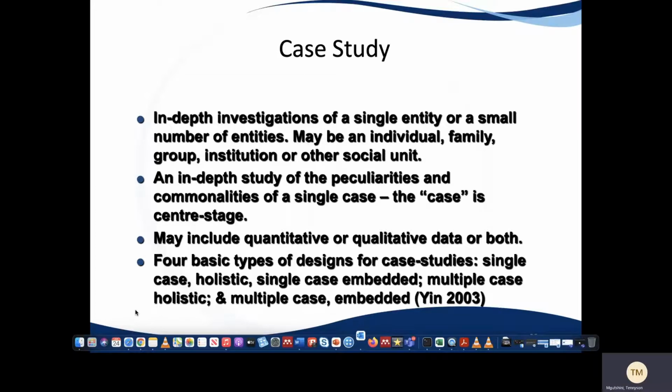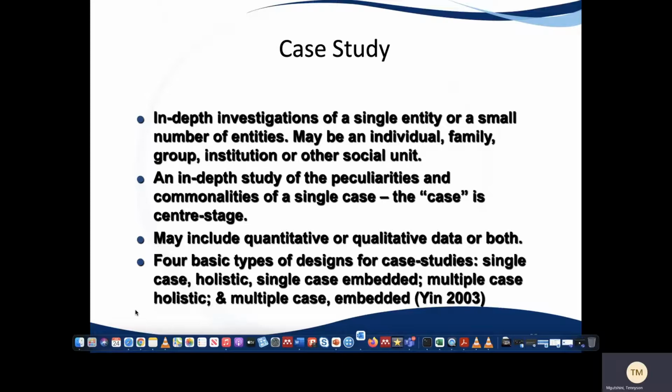But in this case study world, there are 4 basic types of designs for case studies. I will touch on these, but won't get into them in much detail because you can find out about these through just a quick scan through the internet and so forth. The first type is the single case.